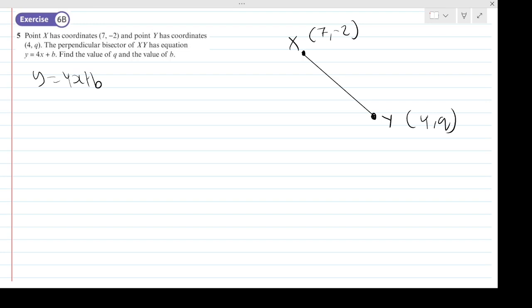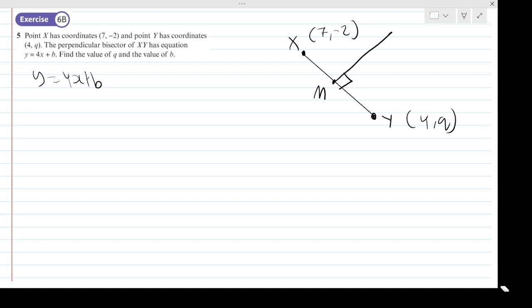Again, we're given the perpendicular bisector, which is going to go through the middle. I'm going to call that the midpoint M, and it's perpendicular because it's a perpendicular bisector. The name helps. Perpendicular means it's at a right angle to it. Bisector means it splits it equally, so it has to go through the midpoint.